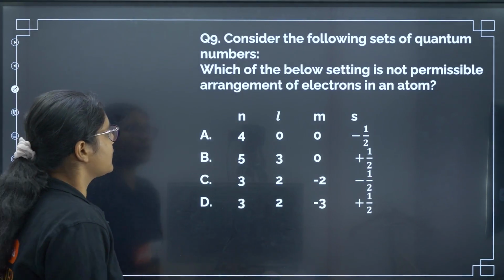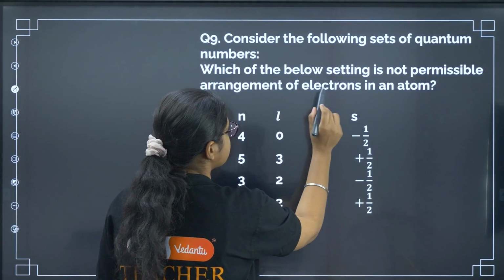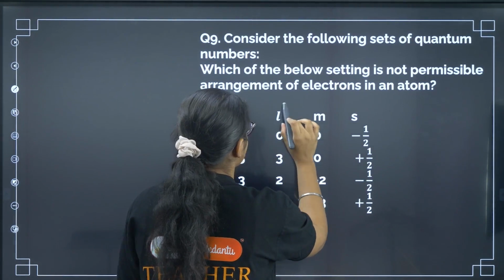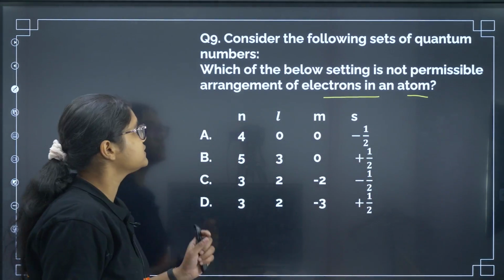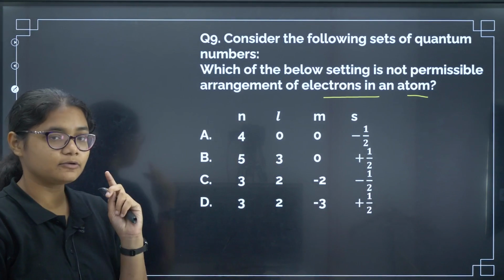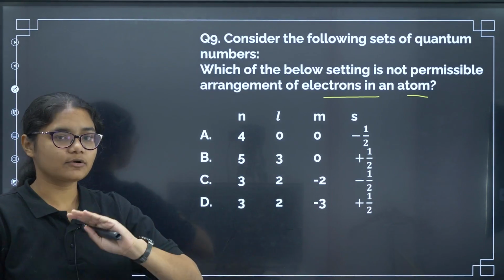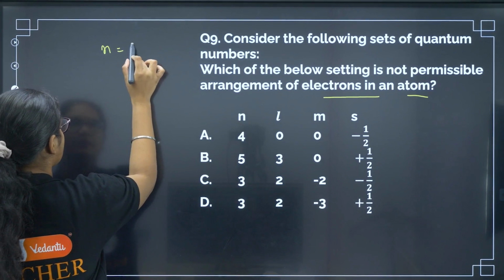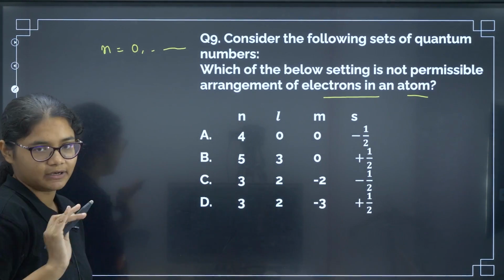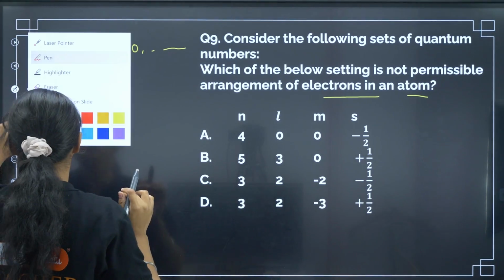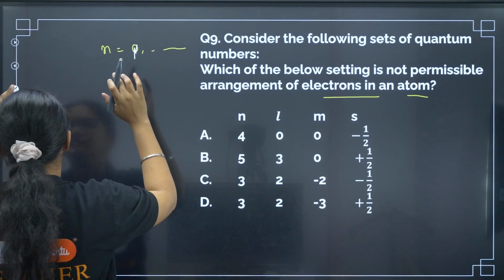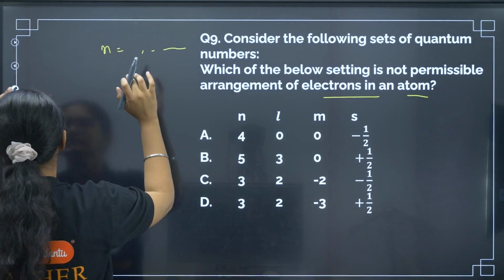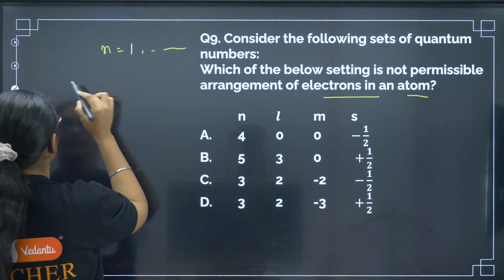Next, consider the following set of quantum numbers. Which of the following is not a permissible arrangement of electrons in an atom? So which one is not possible? So before that we will discuss all the quantum numbers and their ranges. Okay, so the principal quantum number can be any value from 1 to infinity.